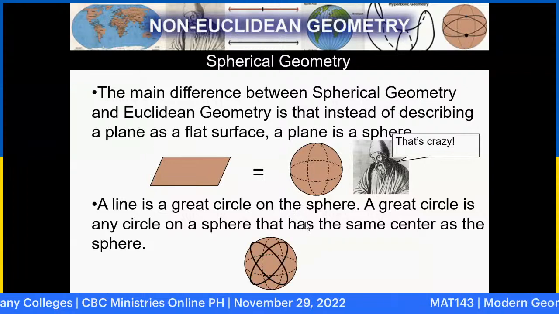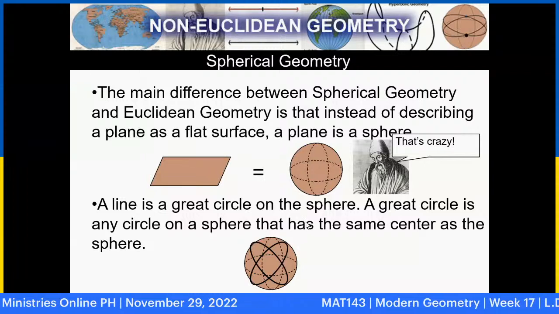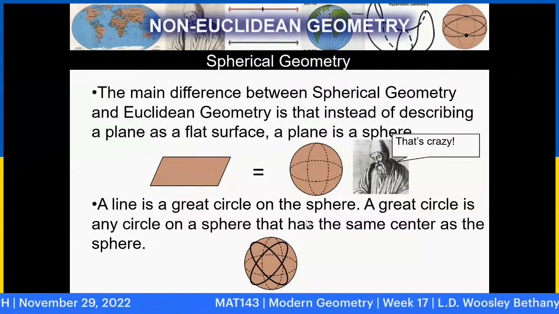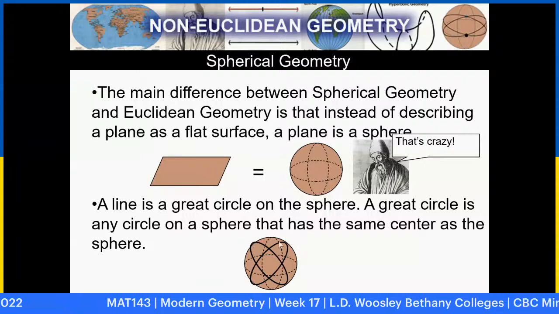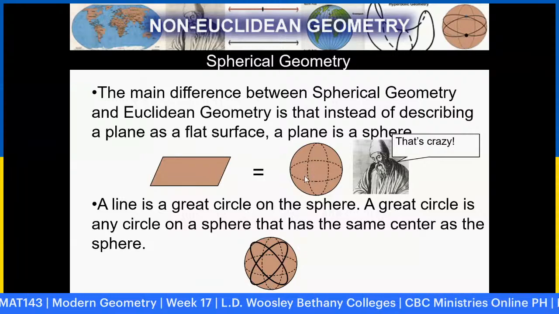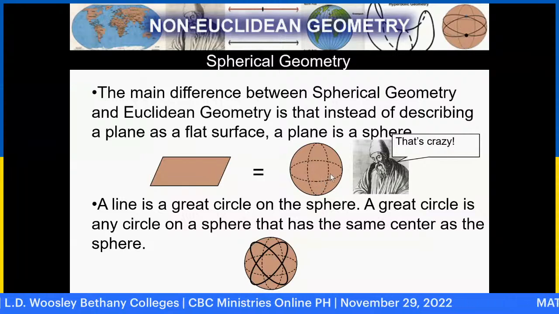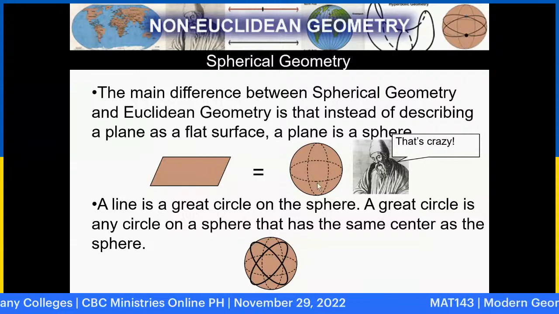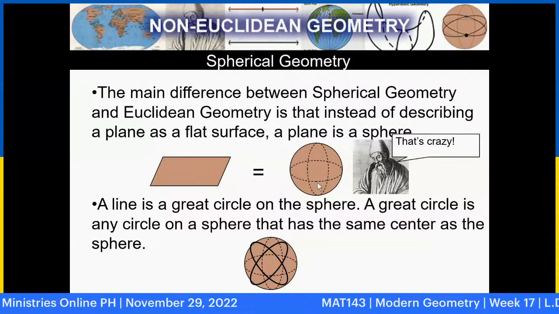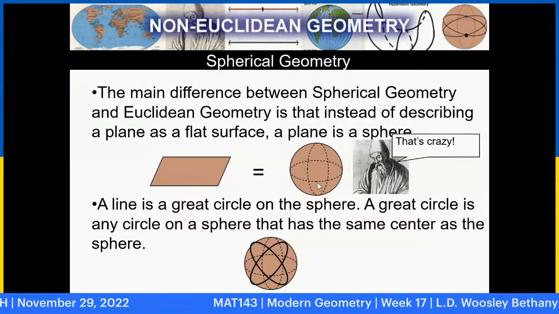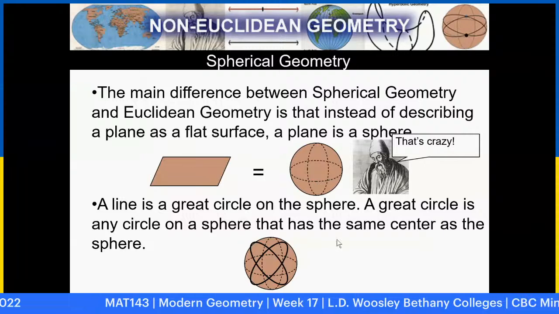Points are exactly the same, just on the sphere. So it always intersects at 2 points, that great circle. So for instance, the prime meridian and the equator would meet at 2 points exactly, in a sphere.